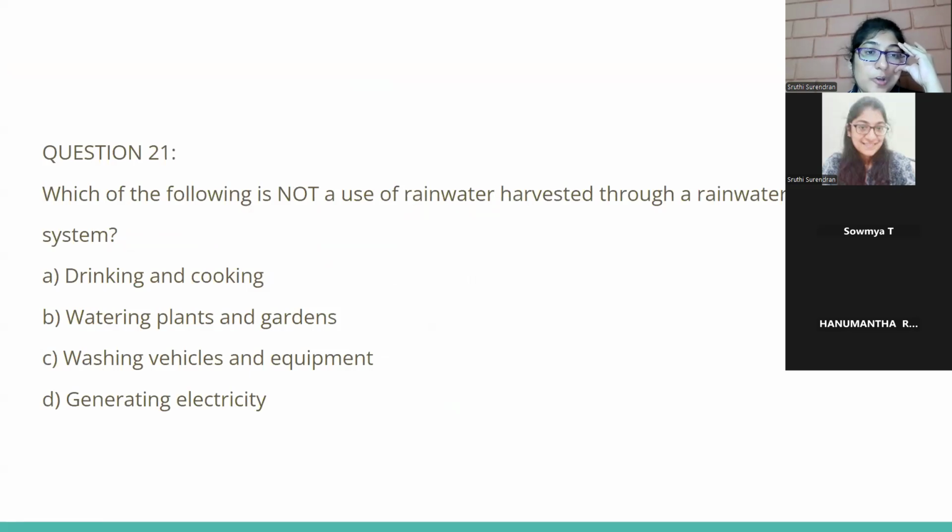Next question, which of the following is not a use of rainwater harvested through a rainwater harvesting system?